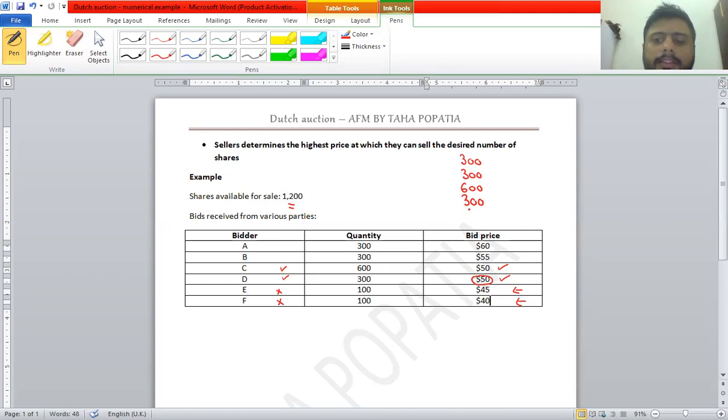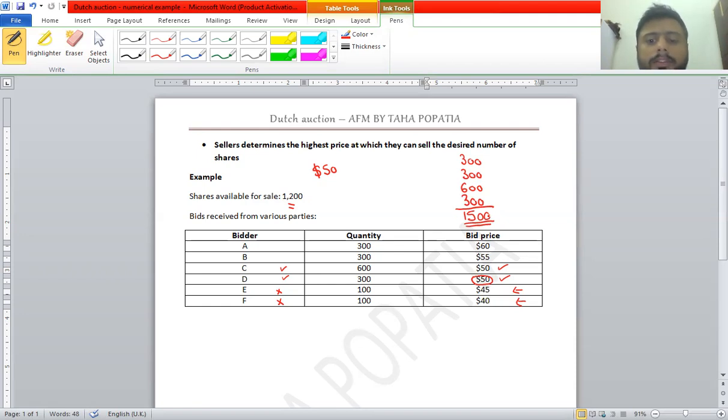So we know that at a price of 50, we can actually sell more than 1200 shares. How much? 300, 300 is 600, 600, 600 is 1200, 1200 and 300 is 1500. We know that at a price of $50, we will be able to sell 1500 shares. But we have to sell 1200 shares only.